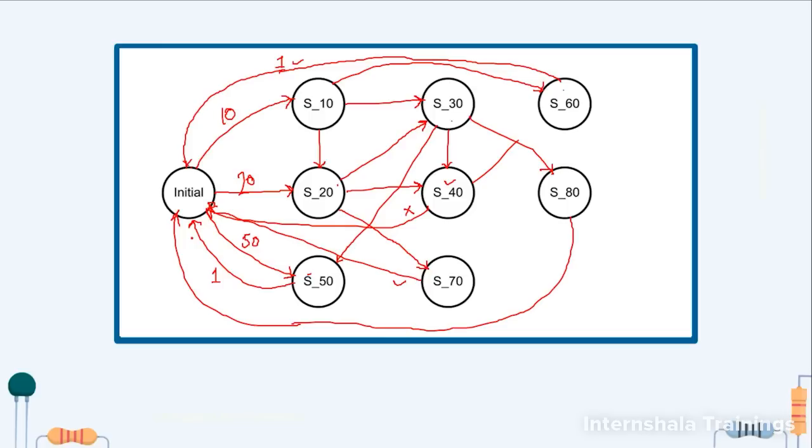Here, one thing that we can observe is that these states are not taking any input. That means whatever the input is, independent of that, it will directly go to S initial. S50, S70, S80, all of them, even S60. Now, once we are at 40, we are also going back. That means we are not accepting any more inputs. So once we are done with this, we can go ahead and design it in Verilog.